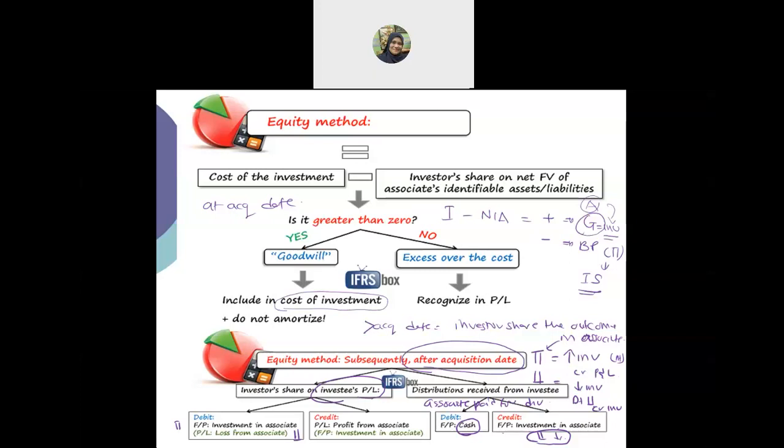The same thing applies if the associate pays a dividend. Why does it reduce the investment? Because the dividend is normally taken from the profit, so when the profit is reduced, it reduces your investment also. The journal entry for the dividend is debit cash, credit investment in associates.